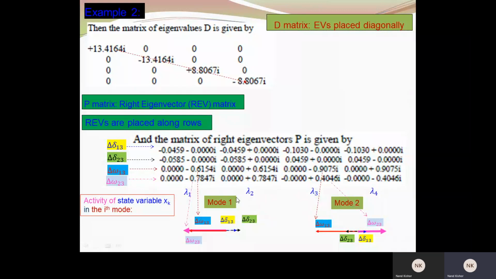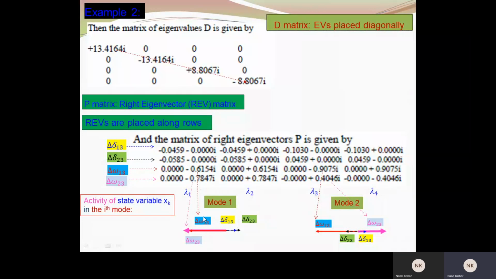Now with respect to mode 1, we have plotted all these elements, and we find that the two state variables delta 13 and delta 23 are here, and similarly omega 13 and omega 23 are on this side.